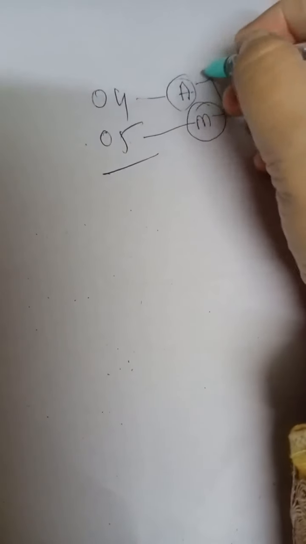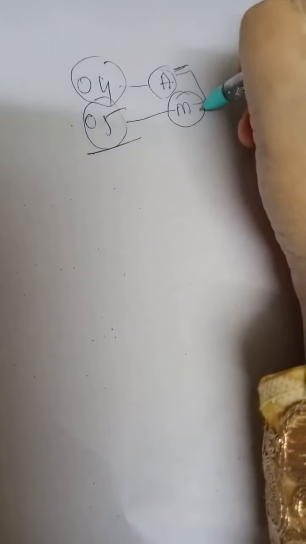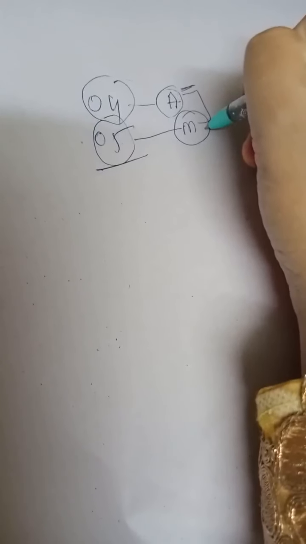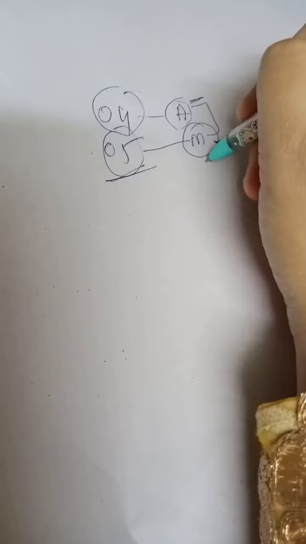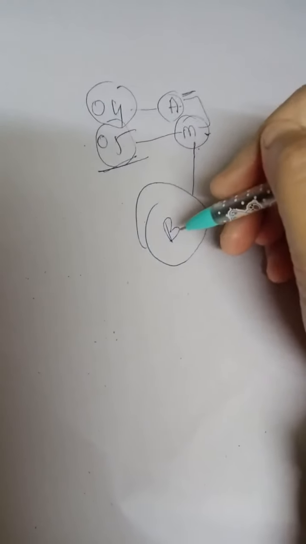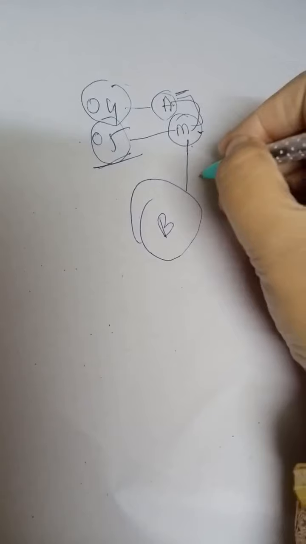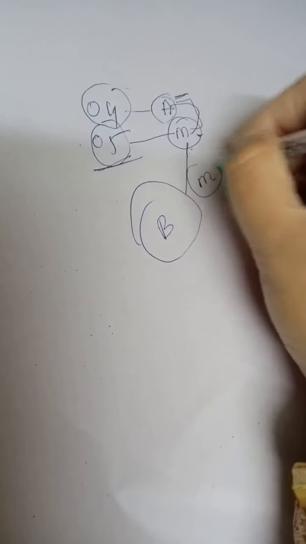Out of these, the number in A is small, and the number in memory is large. So what we will do now, we will move this number to B, and this number to M.